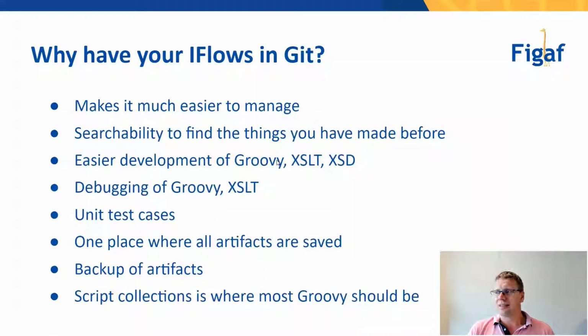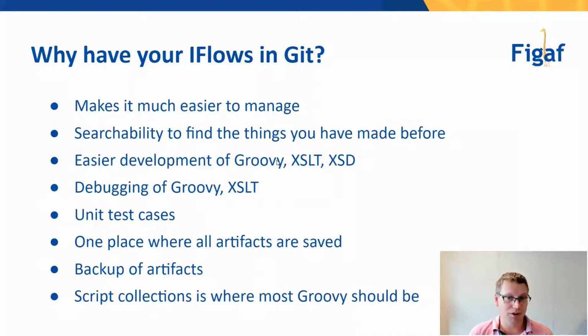I think this is about making it easier to manage your integration, understand who has made what, and make it easy to search for things that have been made in other projects and parts, XSLTs, Groovy scripts, etc. It's about making it easier for you to develop these things, because if you have worked with any kind of modifications or more complex scenario in a Groovy script or XSLT, you probably found that there are some limits on what you can actually achieve in this process. And this is what we want to try to figure out a way to do.